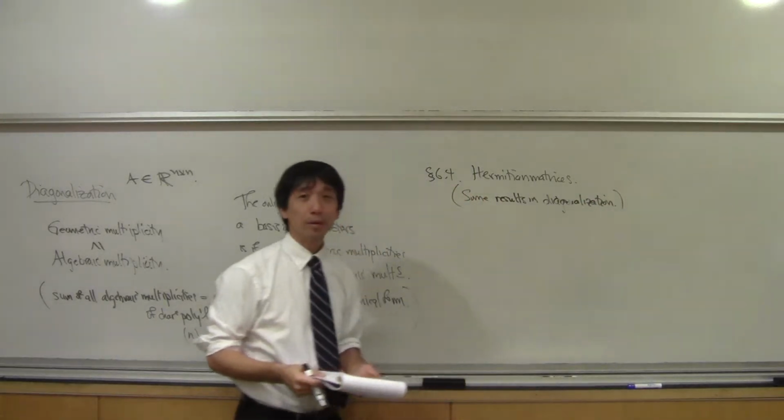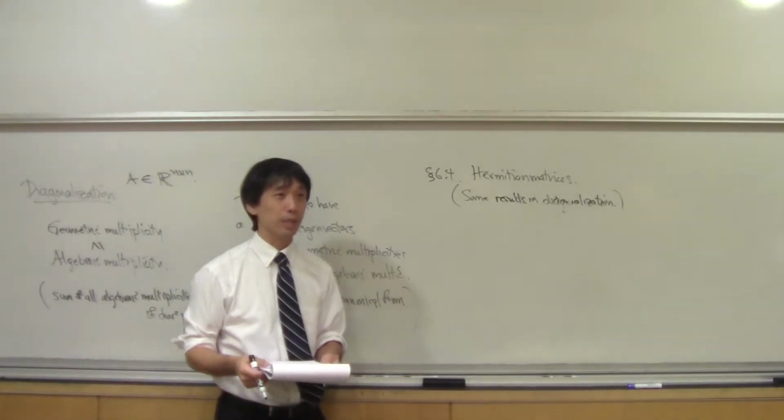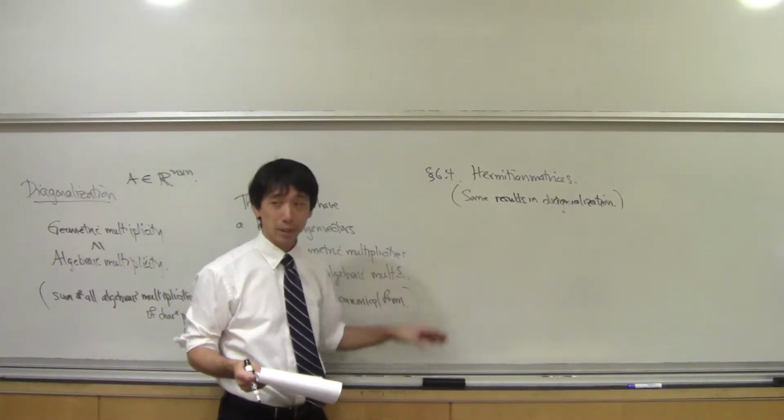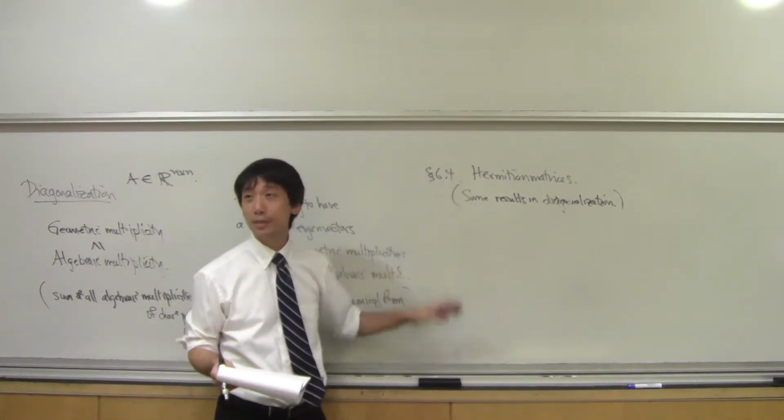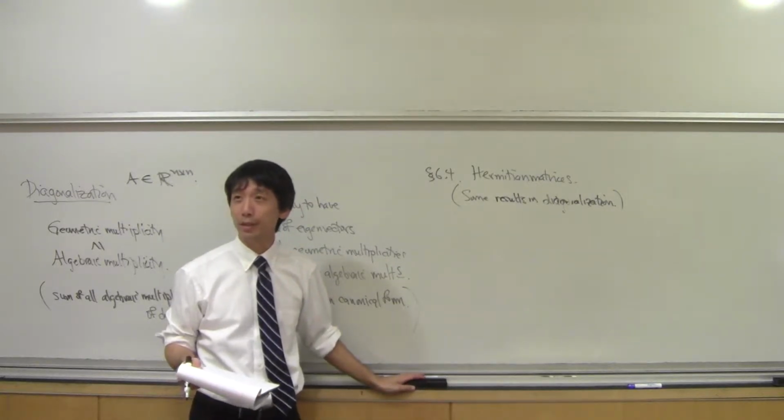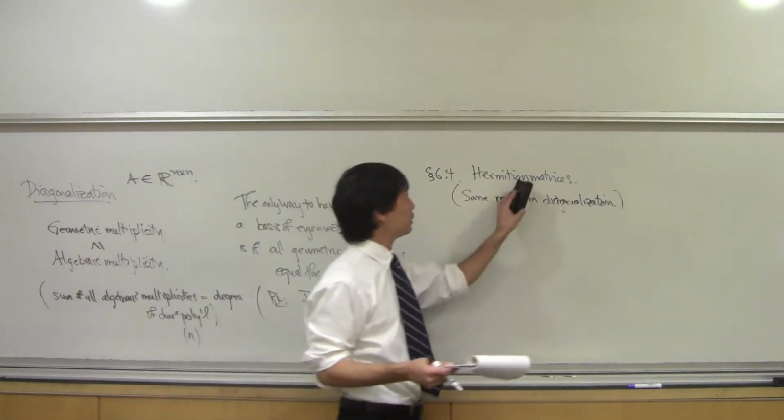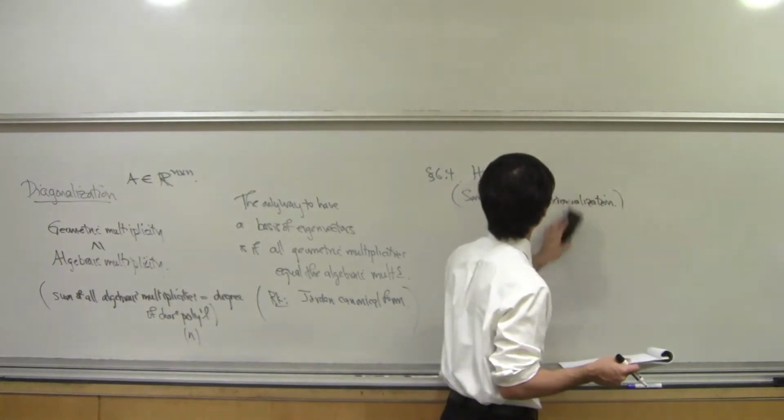What kind of matrices can you diagonalize? It turns out that there's a couple of classes that can be diagonalized. Is that one word or two words? It's two words. Hermitian matrices.